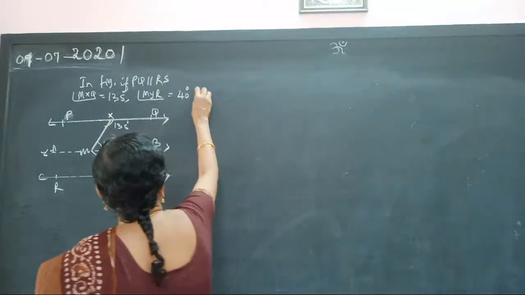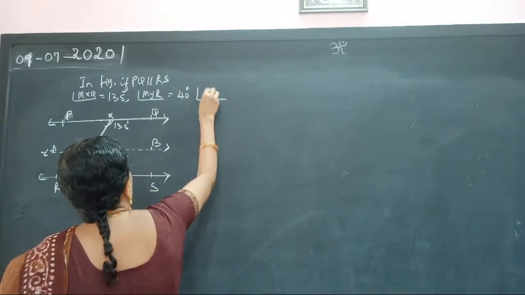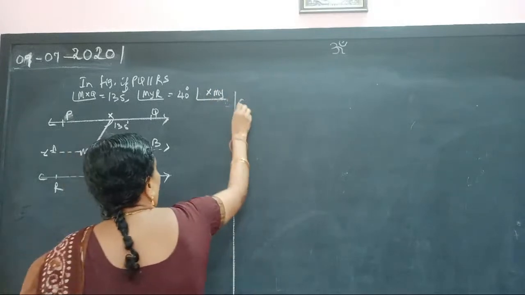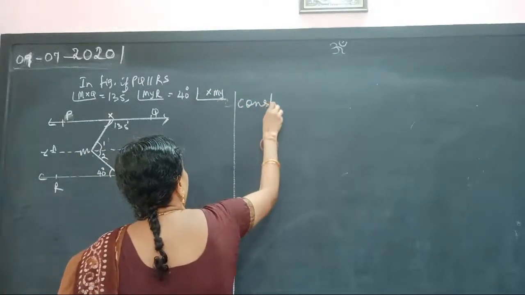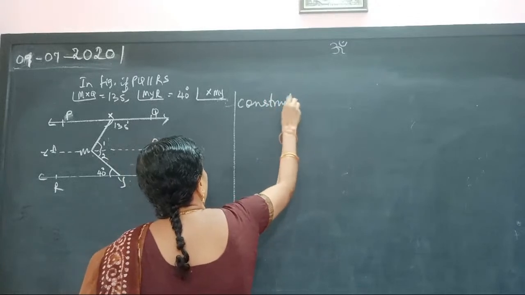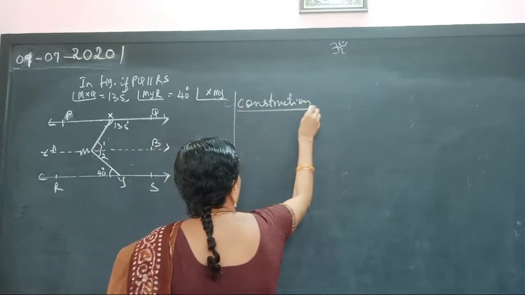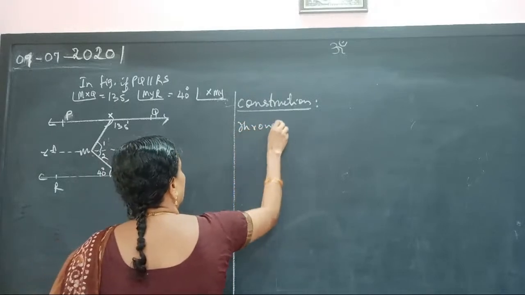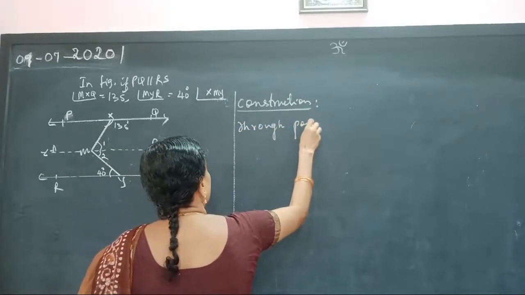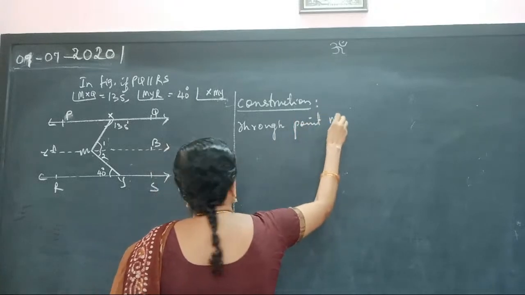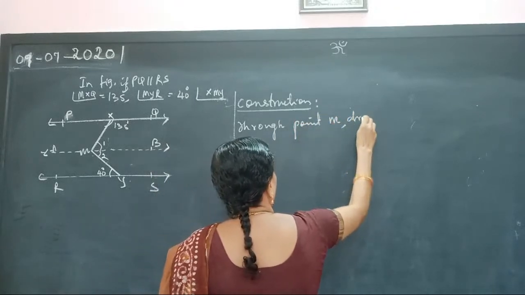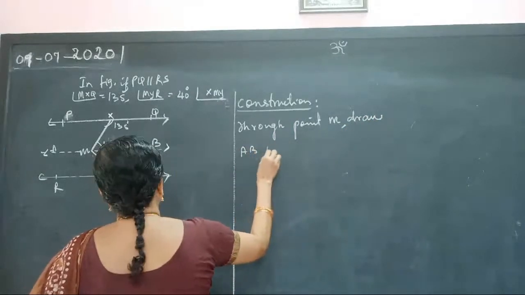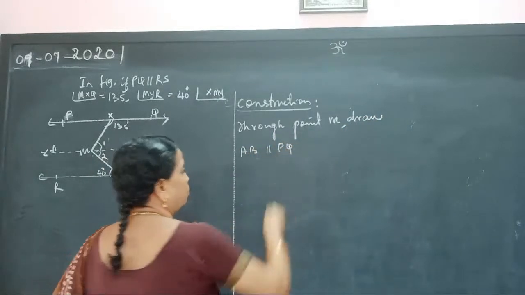You have to find out angle XMY. To do this also, construction is required. What construction? Through point M, draw AB parallel to PQ.